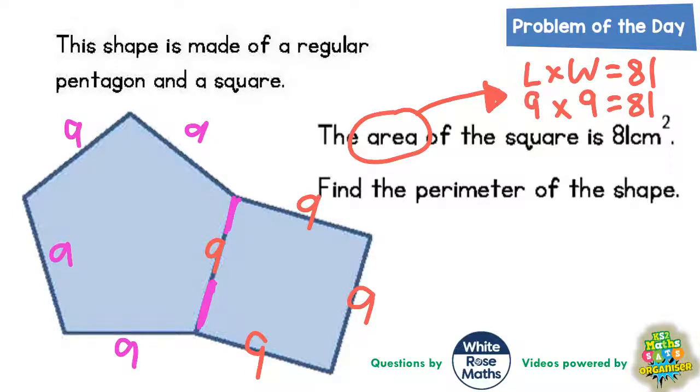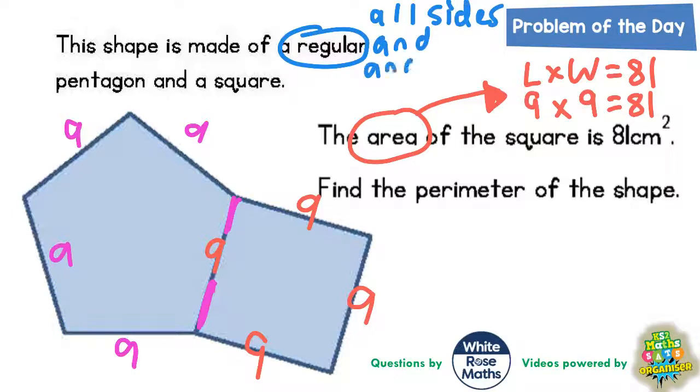And we know this because it tells us in the question that this is a regular pentagon. And a regular pentagon has all sides and angles equal. That's the thing with any regular shape, all the sides are the same length, all the angles are the same size. So if one of the sides is 9, all of the sides must be 9.